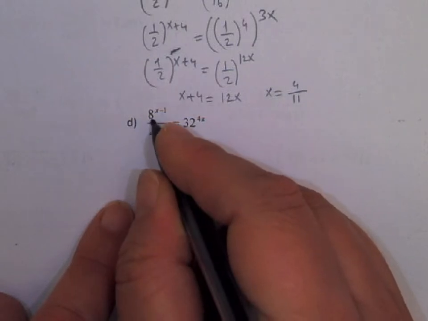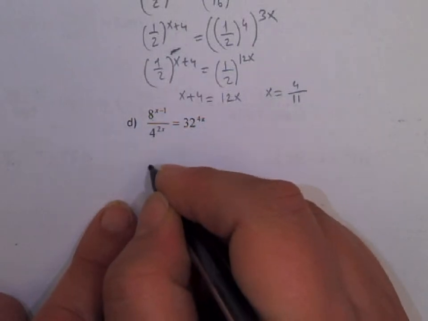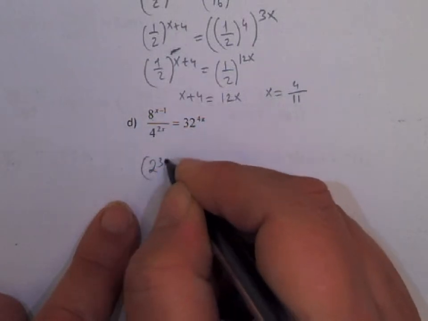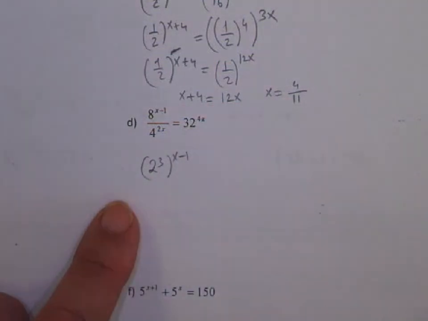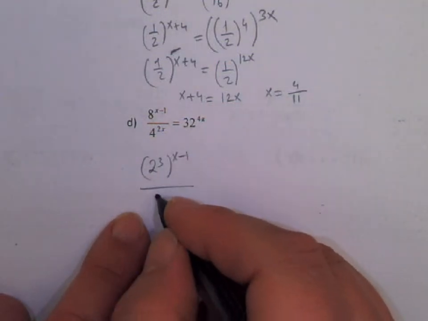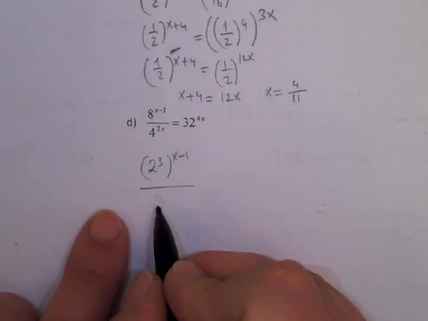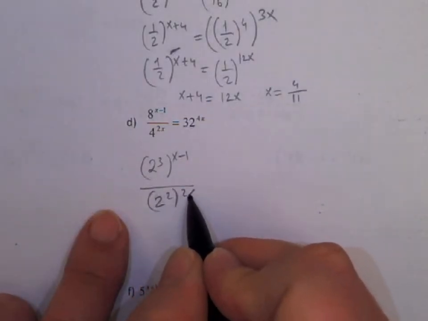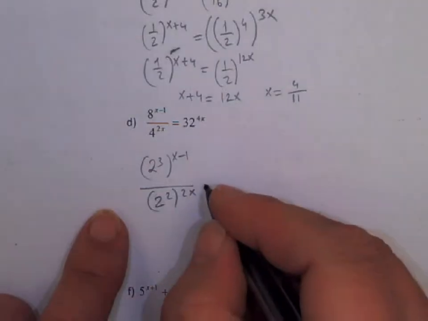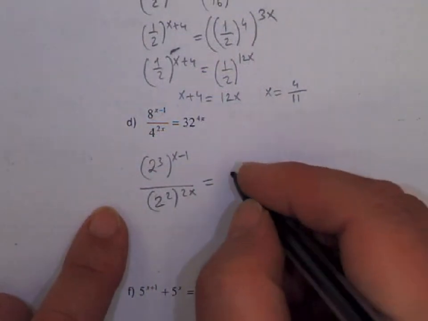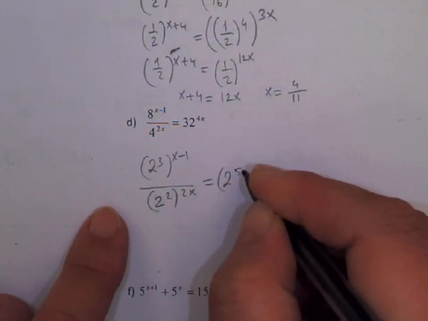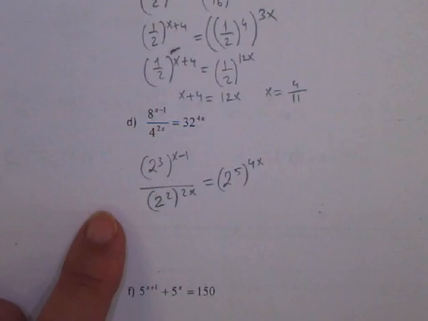So that 8 to the power of x minus 1 is 2 cubed to the power of x minus 1, and 4 to the power of 2x is 2 squared to the power of 2x, and 32 is 2 to the power of 5, so 2 to the power of 5 to the power of 4x.